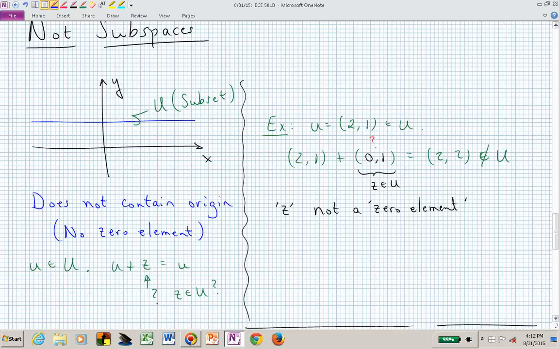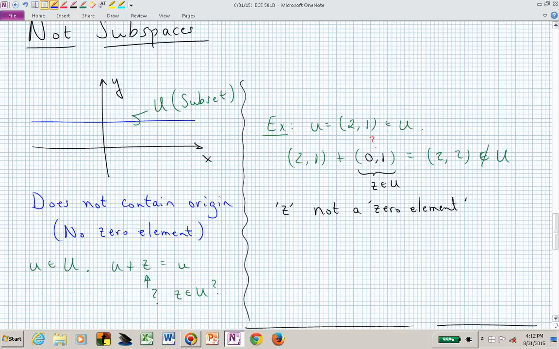So now we are at points that have coordinates of y equal to 1. Maybe your first thought would be, well, the zero element on that line is the point (0, 1). It has an x value of 0.